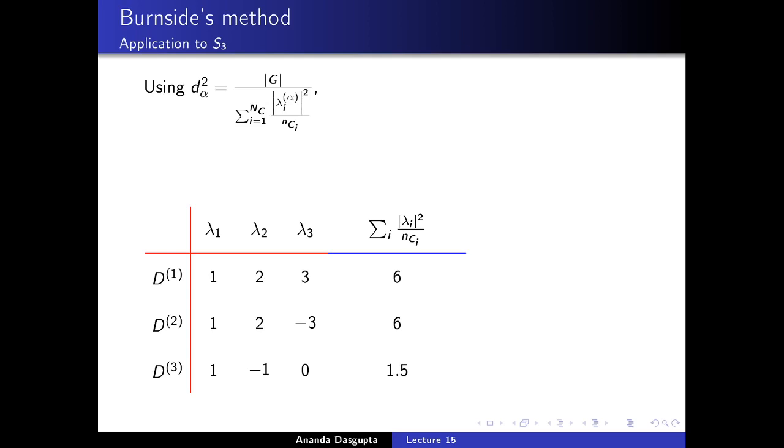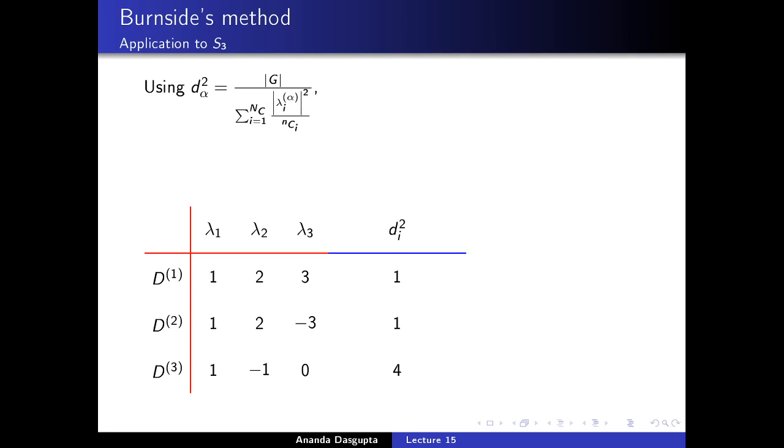These numbers, when you calculate, turn out easily to be 6, 6 and 1.5 respectively. If you divide the order of the group, 6, by that, you are going to get 1, 1 and 4 for the d squares, which tells you that the d_i's are going to be 1, 1 and 2. A result which we already knew, of course.